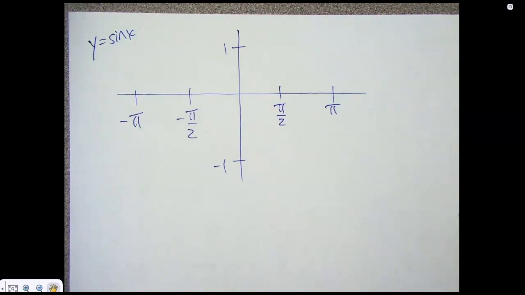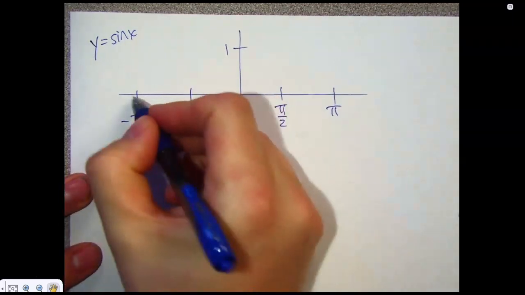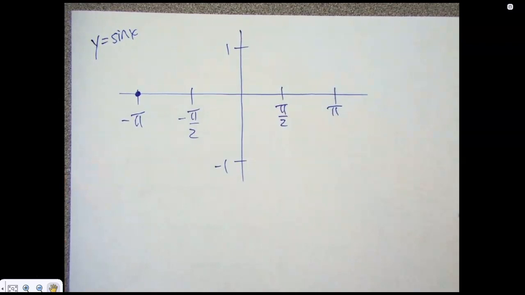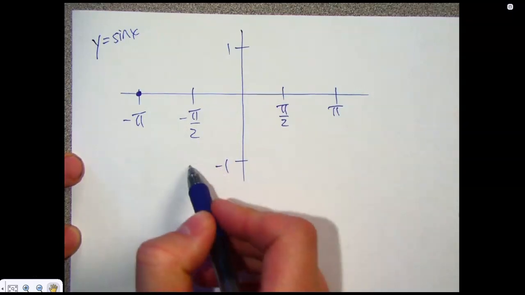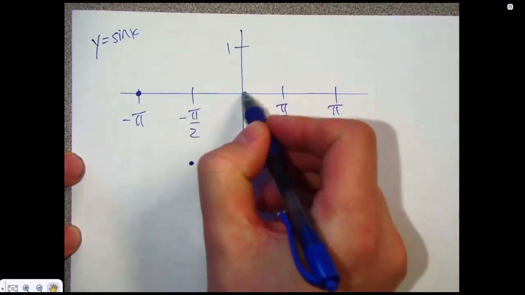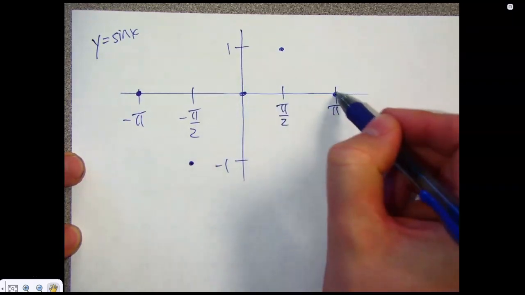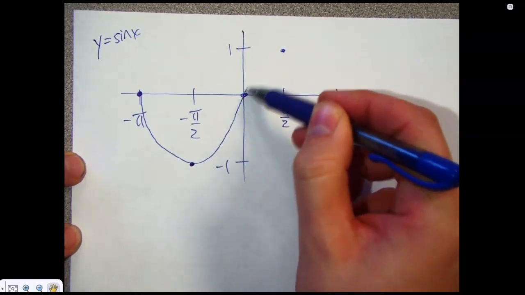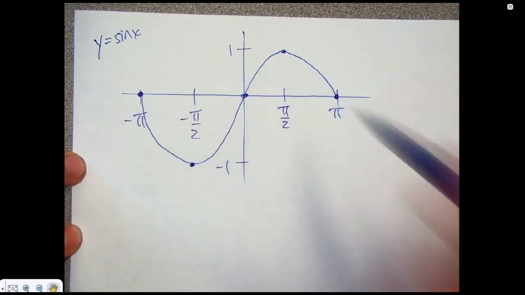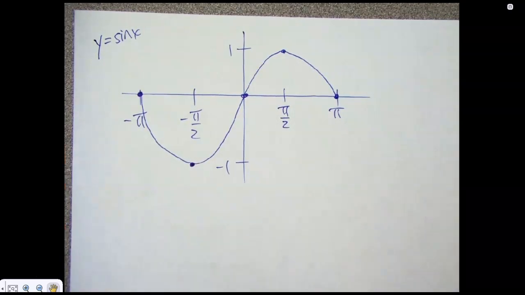Negative pi is negative 180, so from your perspective, that's over there. But sine's the y value, right? Zero. Negative pi over 2, where's that? Straight down. What's the y value straight down? Positive 1. There's kind of a pattern. Graph the derivative.